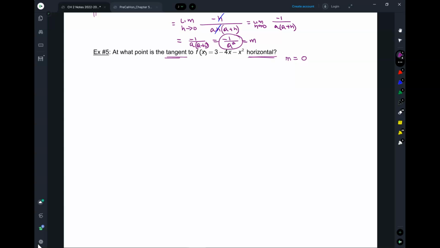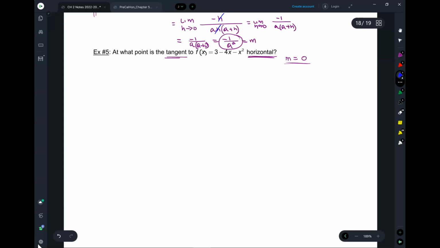All this is to find the slope of the tangent line. We found it to be 1 over 4, negative 2, whatever. Now we want the slope to be 0. And we've learned since Algebra 1 that for horizontal lines, slope is 0. So if we want the line to be horizontal, we need the slope to be 0.